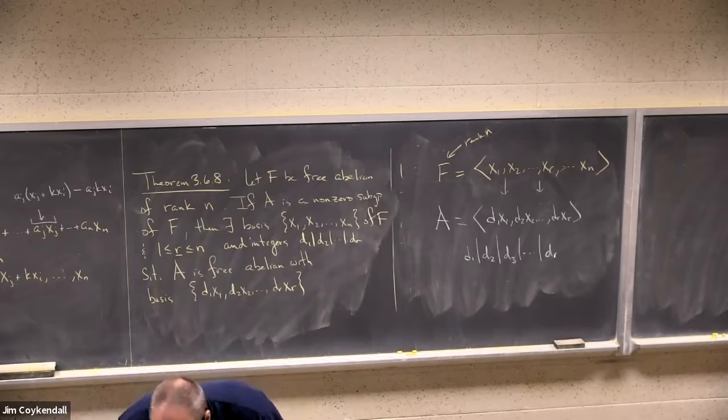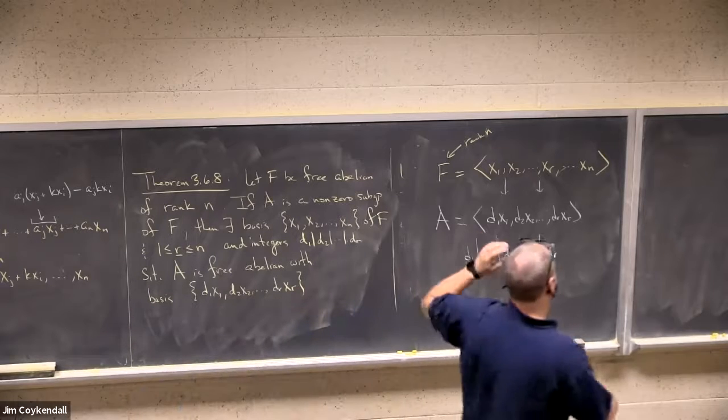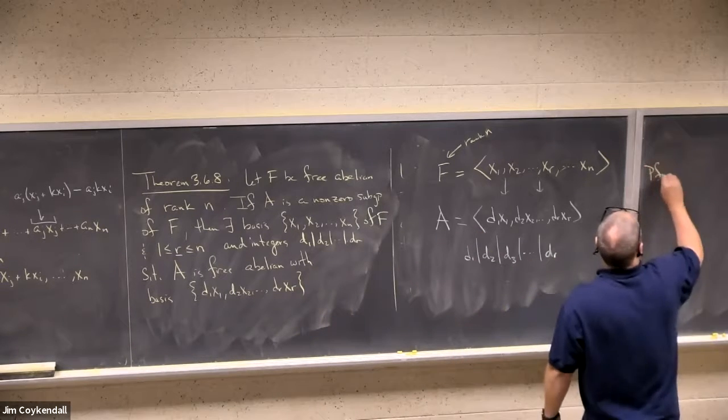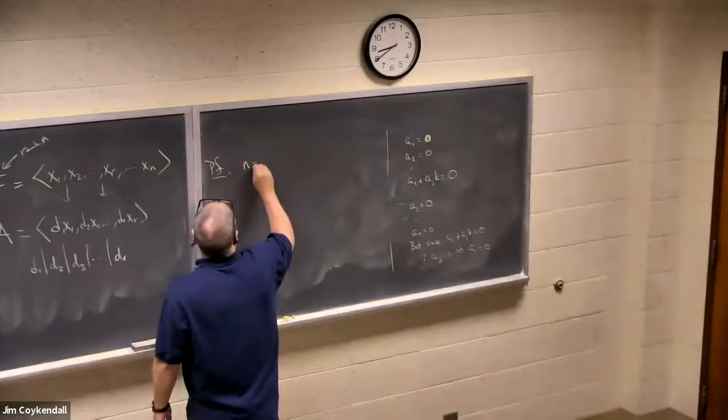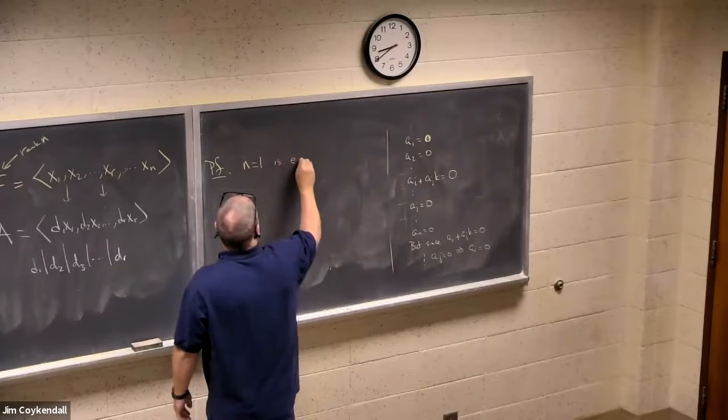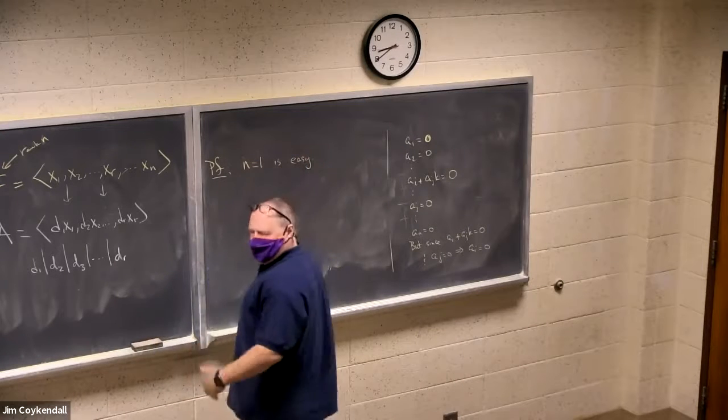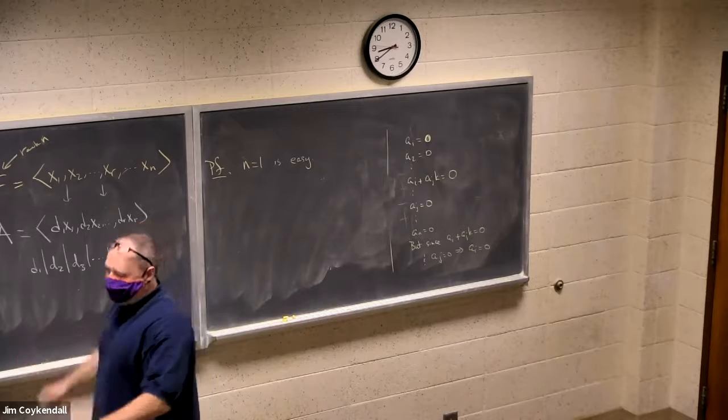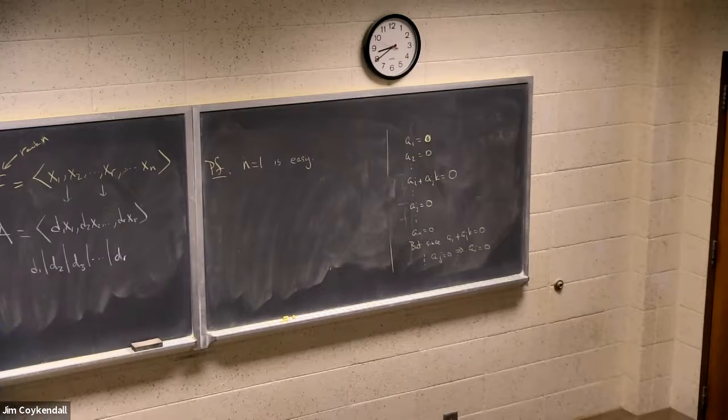Okay, so let's do this proof. And rank one is easy; we kind of talked our way through that. Rank one is the integers. So let's work our way up from there.